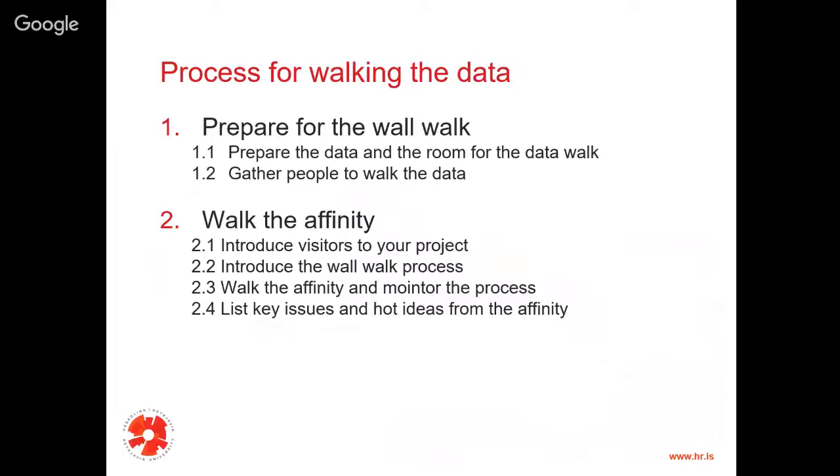You have to tell them we are now designing an app or a website or something for this group of people with these special needs. And we interviewed 3 or 4 people, and this is our affinity diagram. They understand quite well the process because they have done it themselves, but they don't know what you are designing.